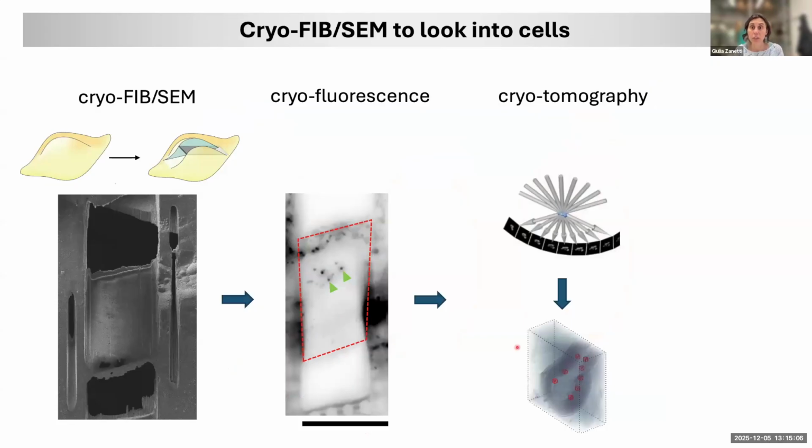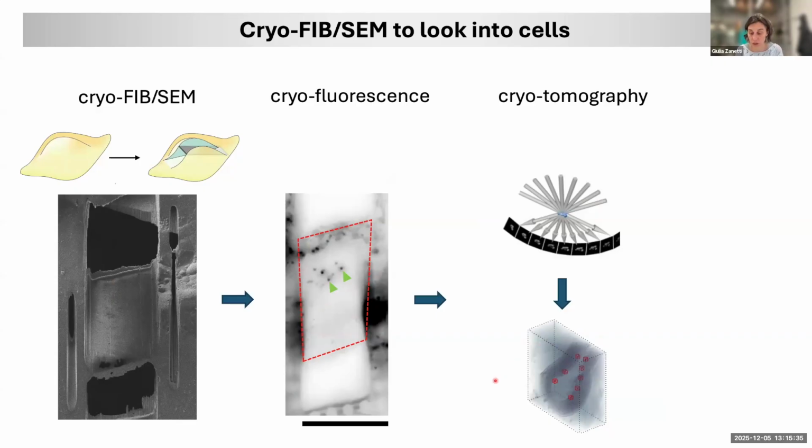So the idea here is to use a focused ion beam to mill cells to create a thin electron transparent lamella through the cells, and to use cryofluorescence to target a labeled object of interest. I'll come back to this. And then use cryo-electron tomography to obtain high-resolution three-dimensional reconstruction of the underlying cell volume at the fluorescent sites.